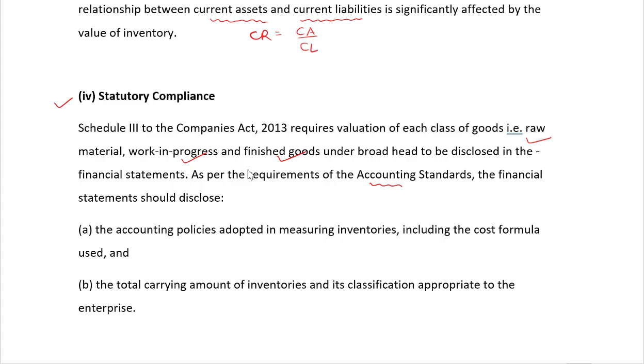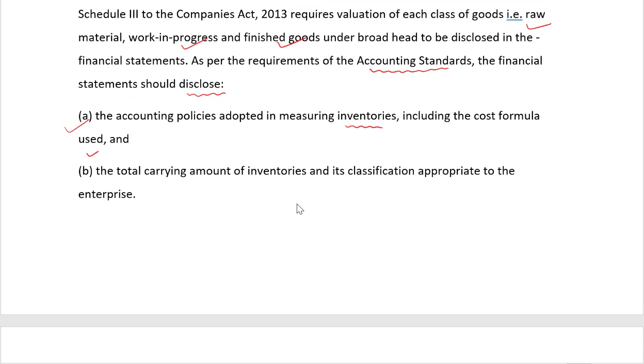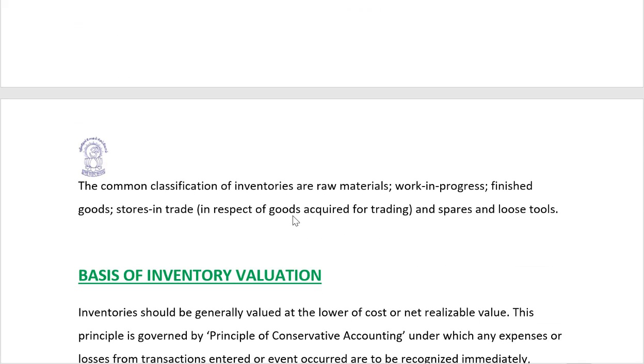As per the requirements of accounting standard, the financial statement should disclose: A. The accounting policies adopted in measuring inventories, including the cost formula used for the valuation of inventory. Next, the total carrying amount of inventory and its classification appropriate to the enterprise. Carrying amount of inventories to be disclosed.